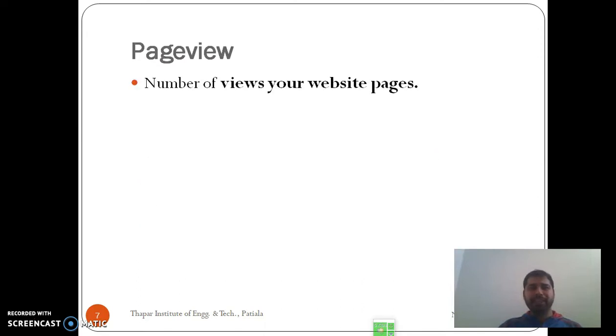The page views metric can be defined as the number of views of your website pages, and a view counts as a loading of a page. If someone comes to your website, he visits your home page, then he visits your contact us page, then he visits any other page, then these different visits will count separately.